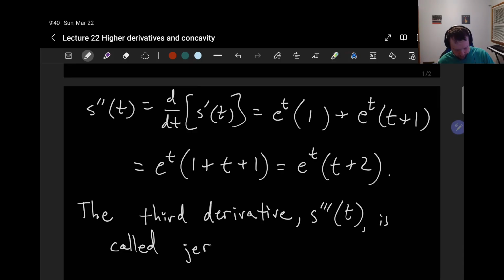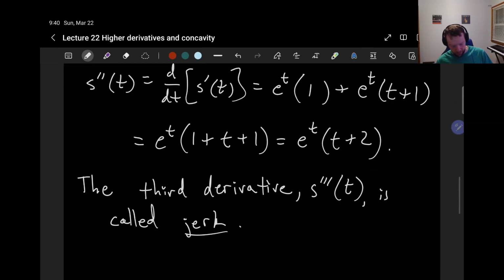And that's for a good reason, not because it's mean, but it's because when you're driving in a car, it's when your acceleration changes or there's some non-zero value to the third derivative, that is when you actually feel the pull of the car.